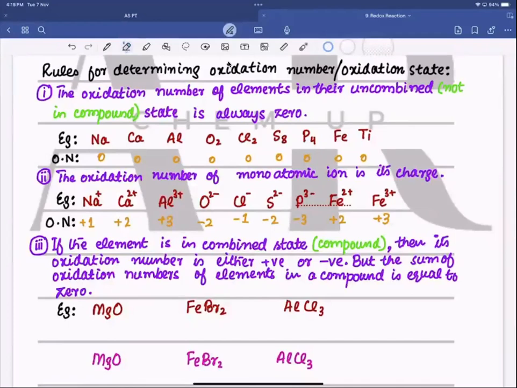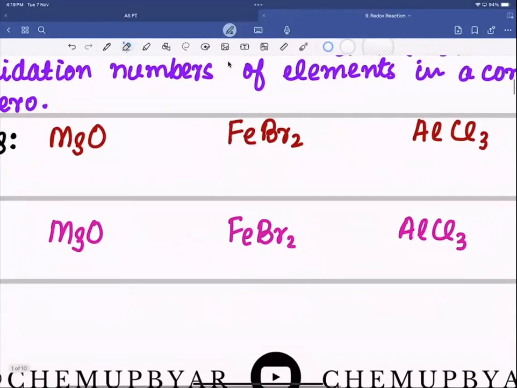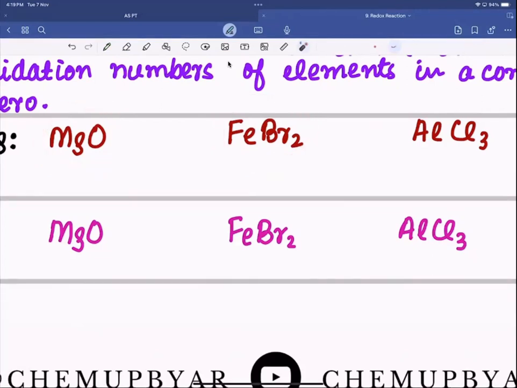Okay, now look at these three examples. You have written these twice. Now if we see over here, is there any charge on it? No. Is there any charge on it? No, there are no charges.